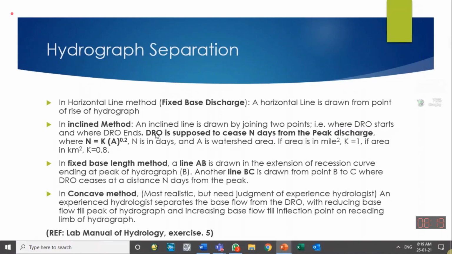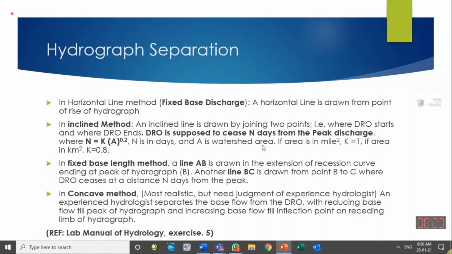So how do we select the start point? Direct runoff (DRO) is supposed to cease N days from the peak discharge. So the end date is selected by this formula. We calculate the number of days, N equal to k times watershed area to the power 0.2. N is in days, A is the watershed area.